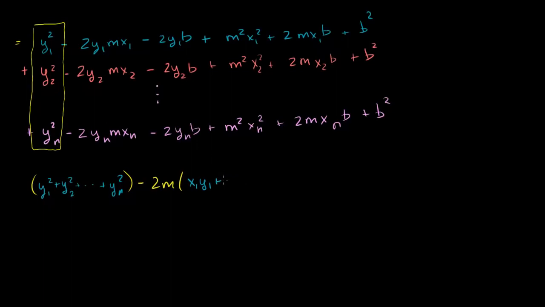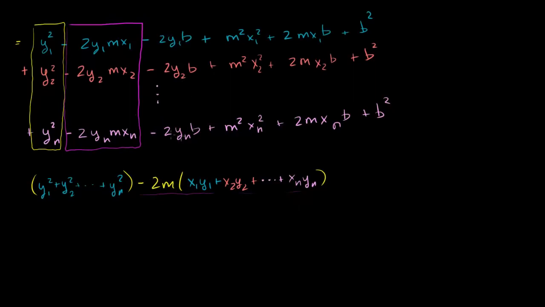Plus x2, y2, and we're going to keep adding up. We're going to do this n times, all the way to plus xn, yn. This last term over here, yn, xn, same thing. So that's the sum. The sum of all of this stuff right over here is the same thing as this term right over here.